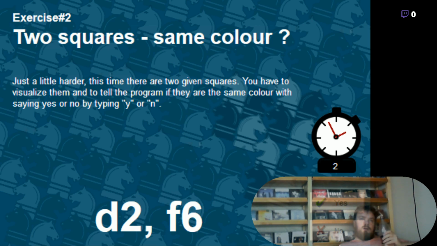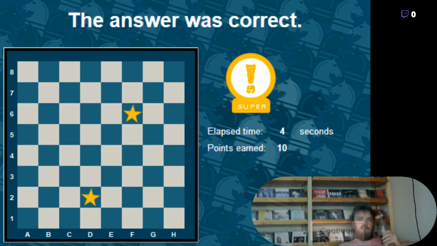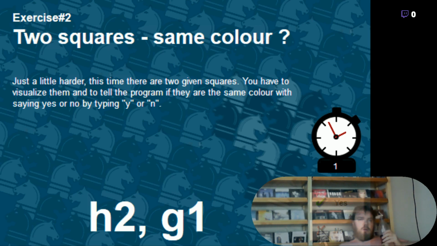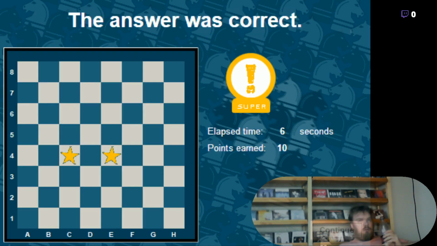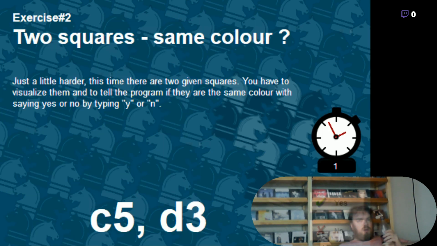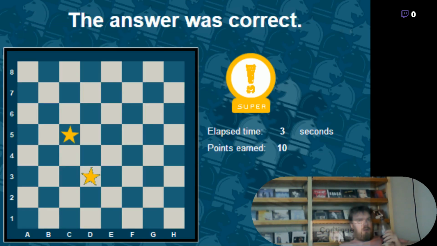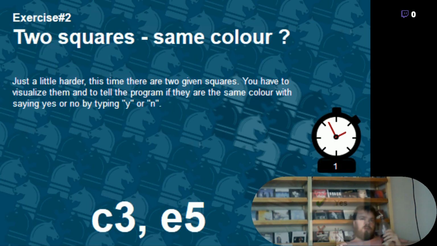Dark square and dark square. Dark square and dark square in the same diagonal. Light square and light square. Dark square and light square. Dark square and dark square in the same diagonal.